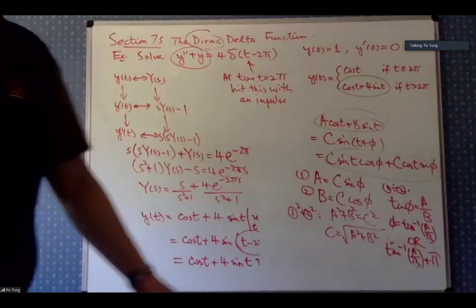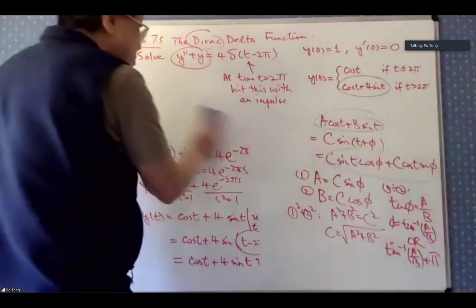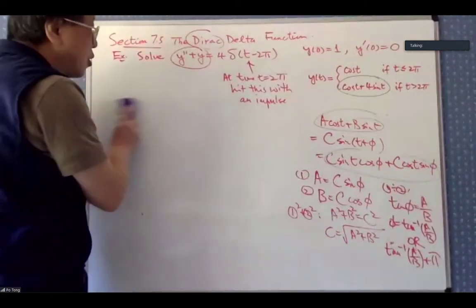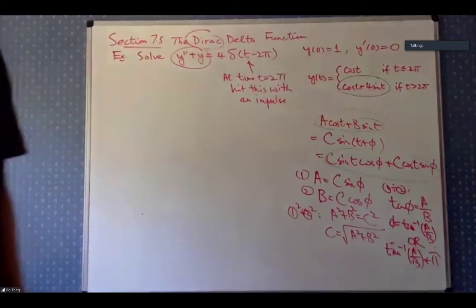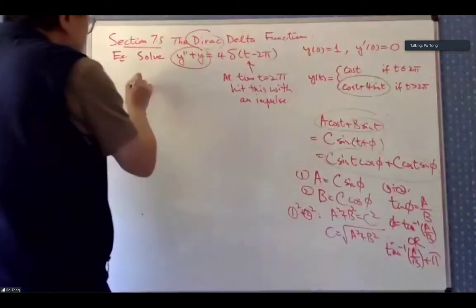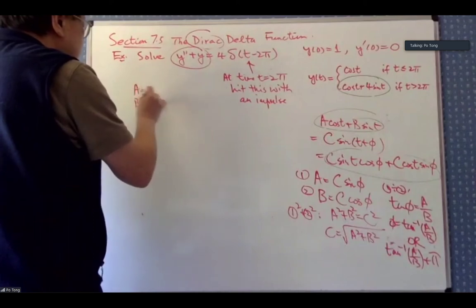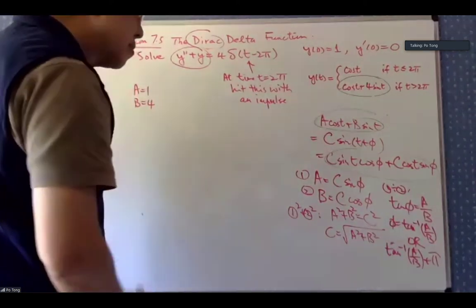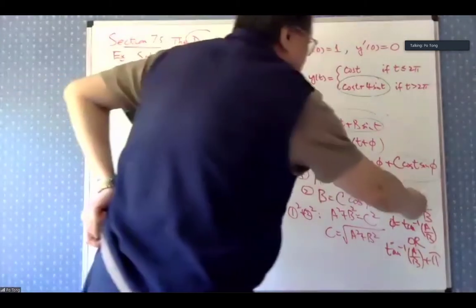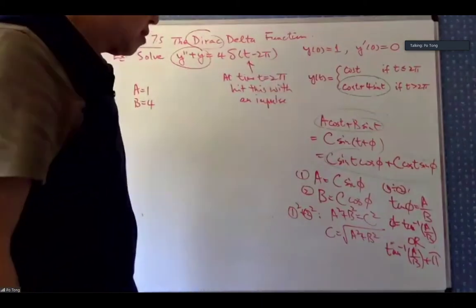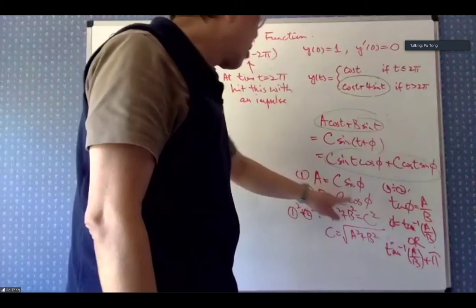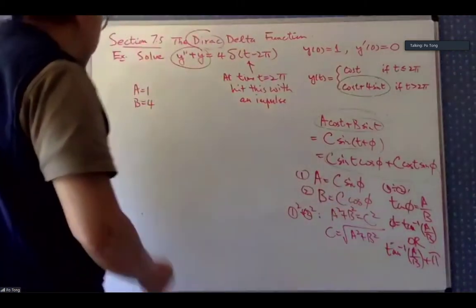So for our situation, here we have A equal to 1 and B equal to 4. Both A and B are positive, C is positive. So sine is positive, cosine is positive. So this is the first quadrant.